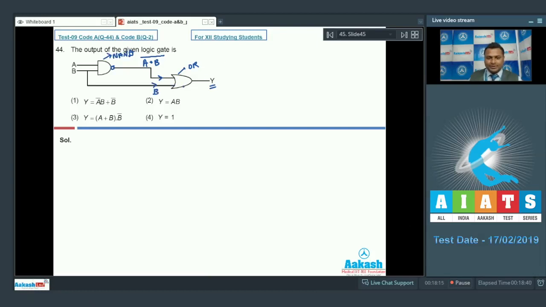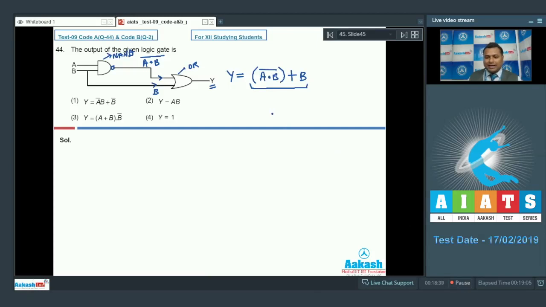So OR does the operation like, if we do A or B, it means A plus B. So we will get the result, one input is (A dot B) complement for the OR gate plus the other input is B. So this is our y. Now we are not getting any option which includes this expression, so we need to simplify it.